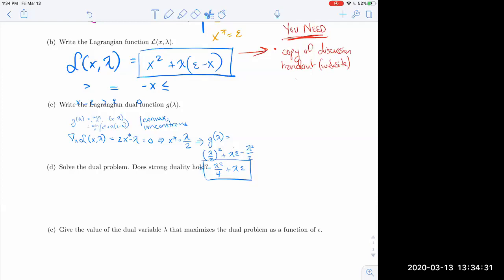We will make sure there are at least 2 or 3 people in each room. So if those of you who are there could unmute yourselves and engage, that would be great. I'm going to recreate some breakout rooms and you guys can take a look at part D.